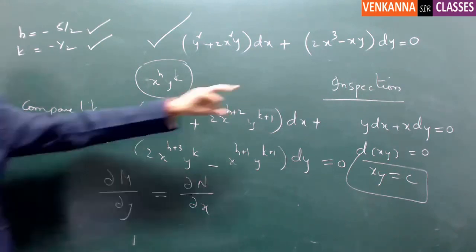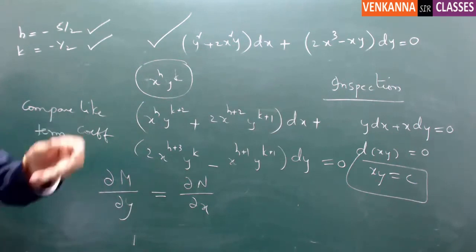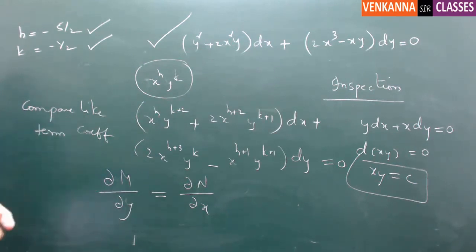So this method of inspection is useful whenever you know the derivatives of different functions and are able to apply presence of mind, so that on observing the given equation itself, you are able to say immediately that you can rewrite the equation in such a manner that the terms will be the derivative of something.